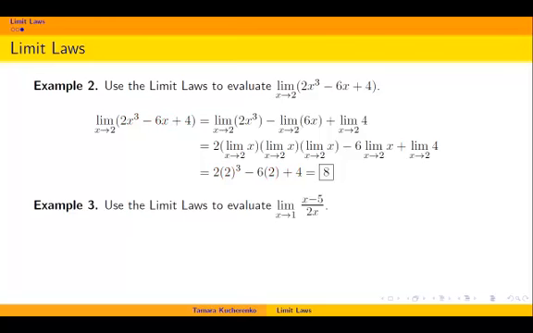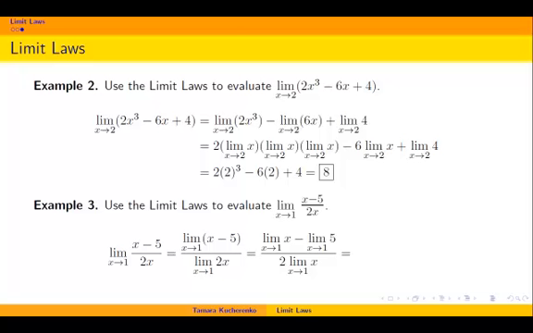Our last example is to evaluate the limit of a fraction, x minus 5 over 2x, as x approaches 1. First, we use the quotient rule, then the difference rule in the numerator and the constant multiple rule in the denominator.